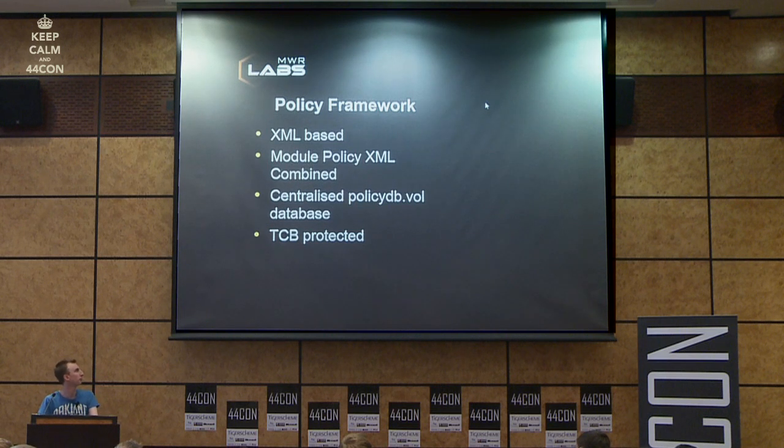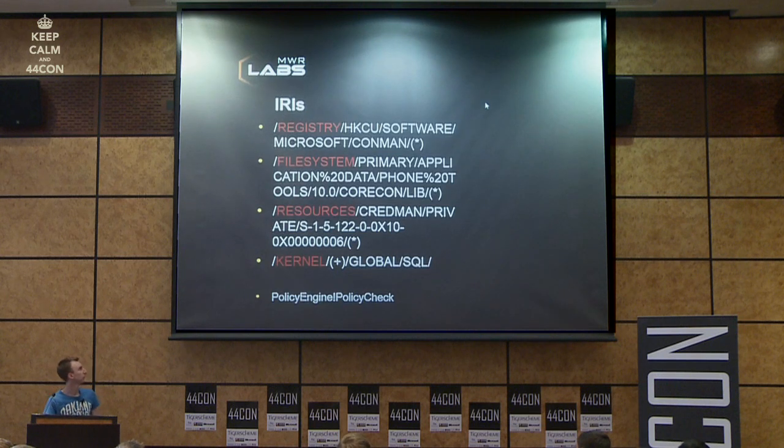This is also protected by the trusted computing base as well. So if you want to compromise the centralized policy, then you have to compromise the trusted computing base to get at this. So how this works is there's a number of resource identifiers, it's a hierarchical namespace.